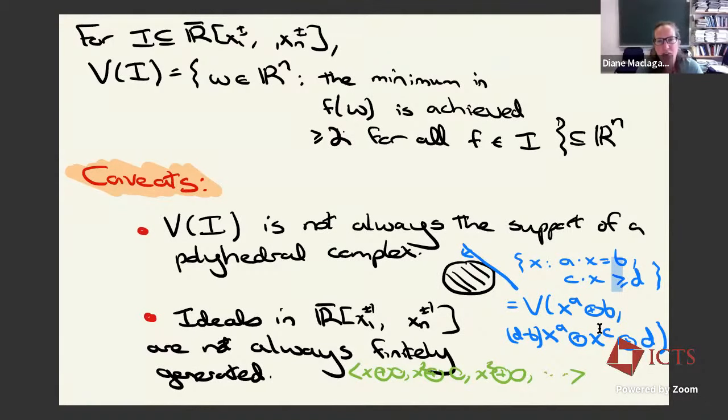If I take the semiring of tropical polynomials in one variable, x, and I take the ideal generated by x plus 0, x squared plus 0, x cubed plus 0, and so on, so just x to the n plus 0 for all n, I claim that this is not finitely generated. And this is precisely because the tropical semiring has no subtraction. Okay, so why is this? Well, let's think about it. I take x plus 0, and I imagine, first of all, this does not generate x squared.